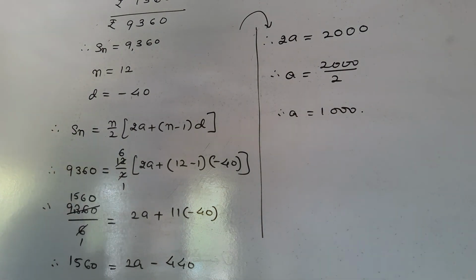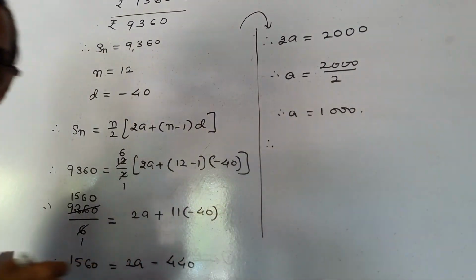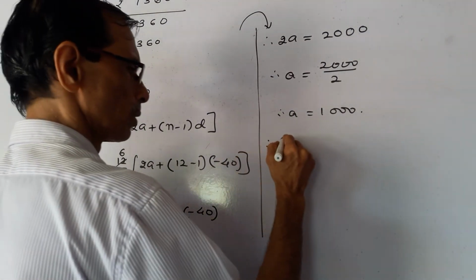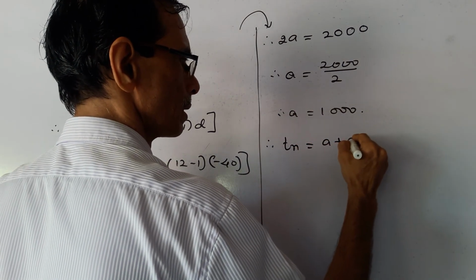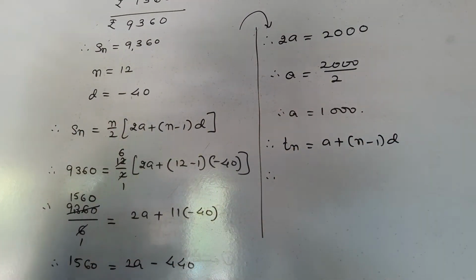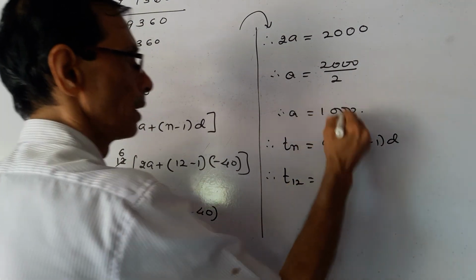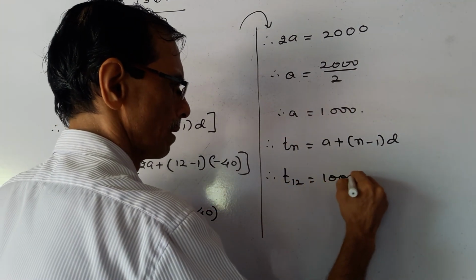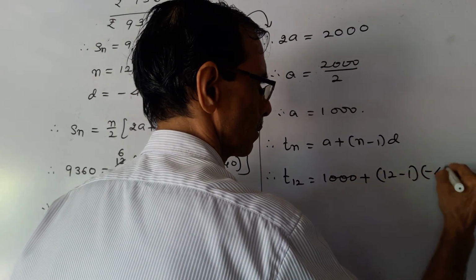So here the first installment is 1000. Now we have to find the last installment again. How to find the last installment? Now Tn equal to a plus n minus 1 d. So 12th installment now, T12 we write. a is 1000 plus 12 minus 1 again, and d is minus 40.